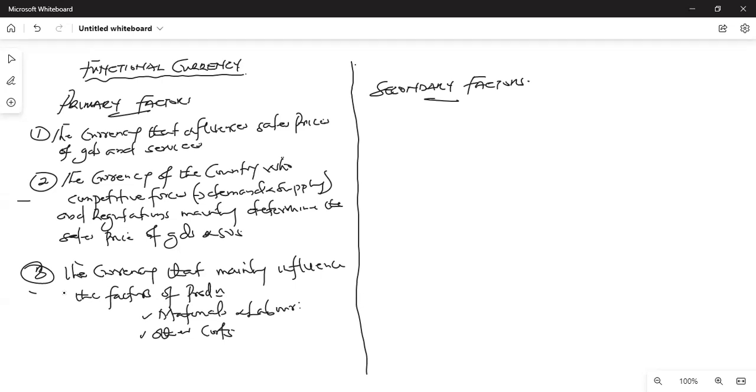If there is a discrepancy in the primary factors, then we can only identify the functional currency through the secondary factors. Okay, and what are the secondary factors? The secondary factors, we have one, we are talking about the currency in which funds from financing activities are generated.